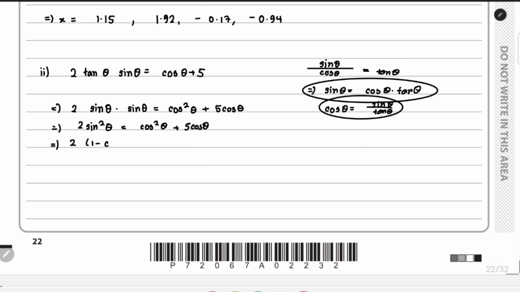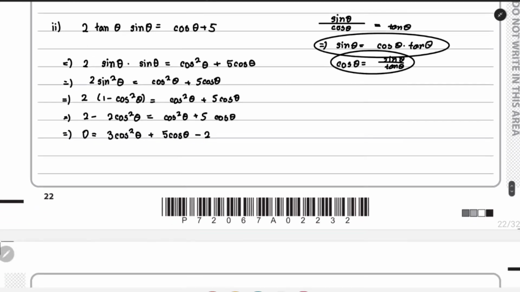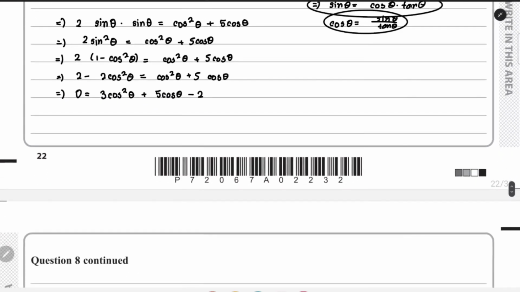So 2 times 1 minus cos square theta equals cos square theta plus 5 cos theta. We have 2 minus 2 cos square theta equal to cos square theta plus 5 cos theta. We can move the terms on the left to the right. We'll have 0 equals 3 cos square theta plus 5 cos theta minus 2.